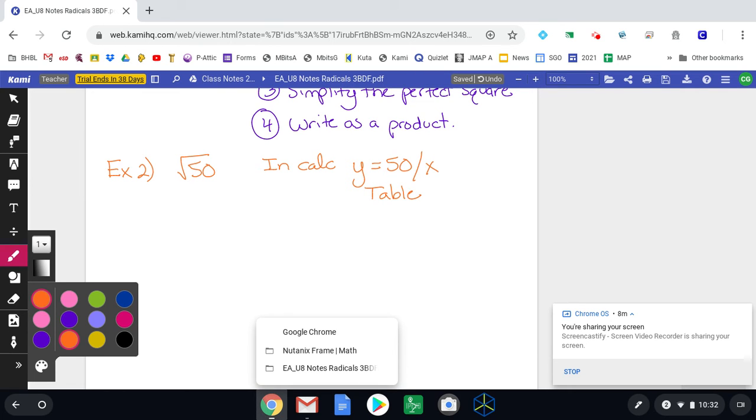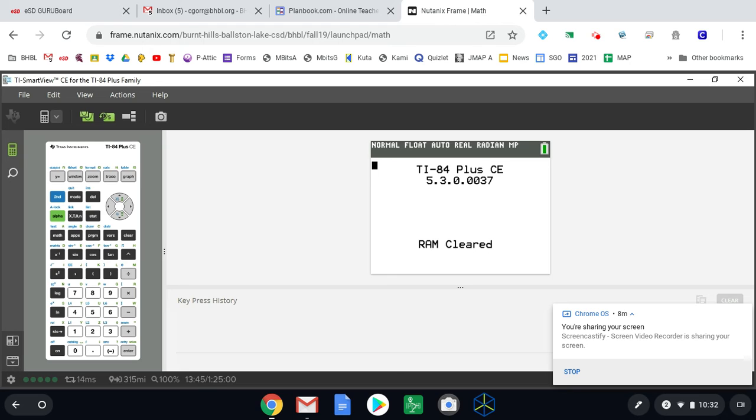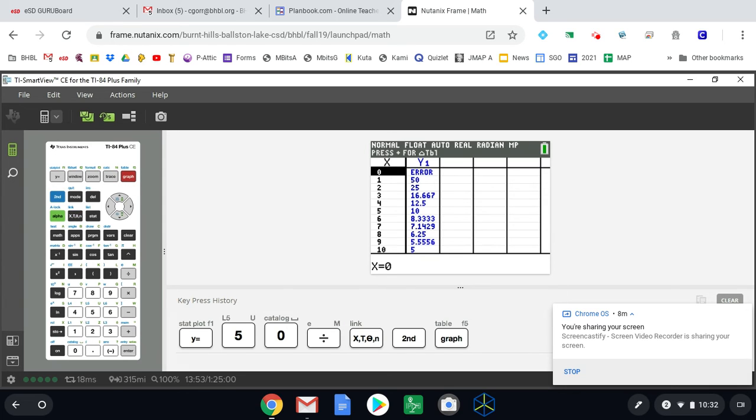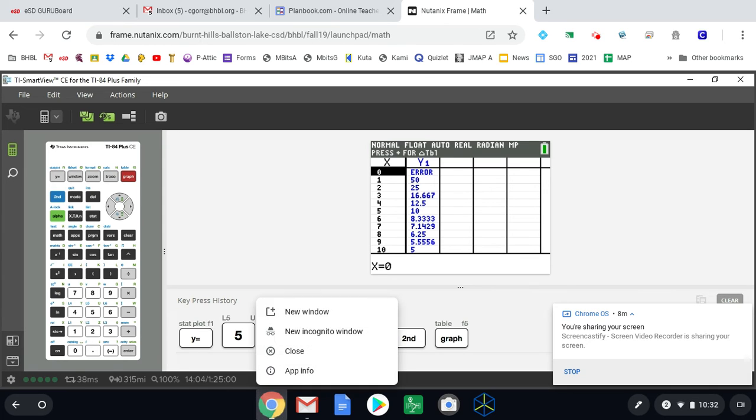So if I take a look at my graphing calculator, I go to y equals, and I do 50 divide by x, and I go to my table. I now see all of my different factors of 50, all the things that multiply to 50, looking at just the whole numbers. So I notice that I have a 2 times a 25.